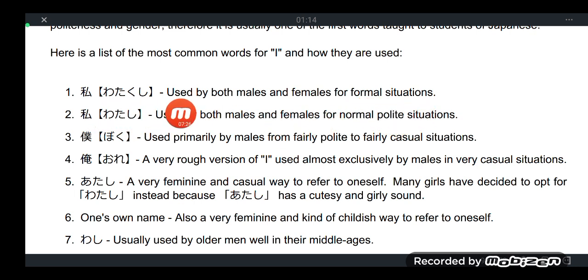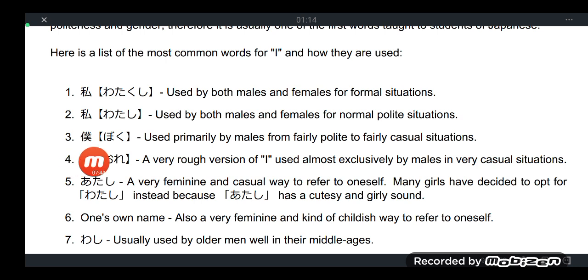So watakushi is very formal and unisex, and watashi is slightly less formal than watakushi, used also by both males and females in normal polite situations.